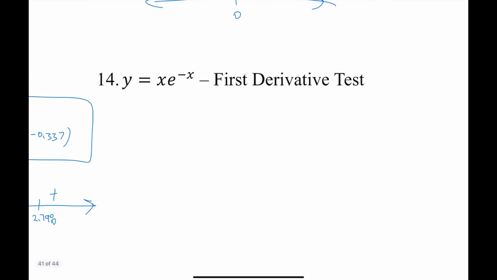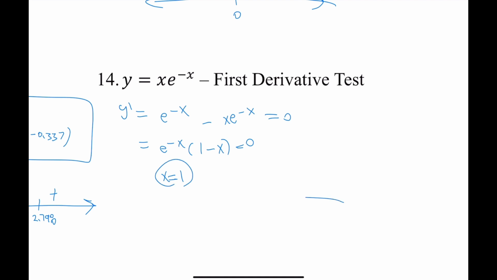Number 14, y equals x e to the negative x in the first derivative test. Y prime equals e to the negative x, right? And then I'm going to say minus x e to the negative x equals 0. So e to the negative x times 1 minus x equals 0, right? And then we're going to say x equals 1 is going to be our candidate.